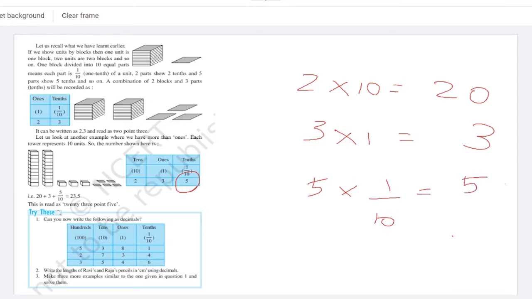That is 5/10, which is 0.5. So adding all these, you will get 20 plus 3, 23, plus 0.5, 23.5. You will read it as 23.5. Then we will see the try these examples.